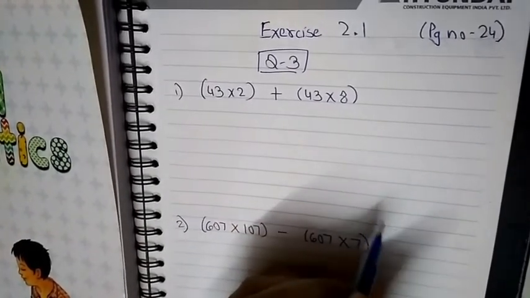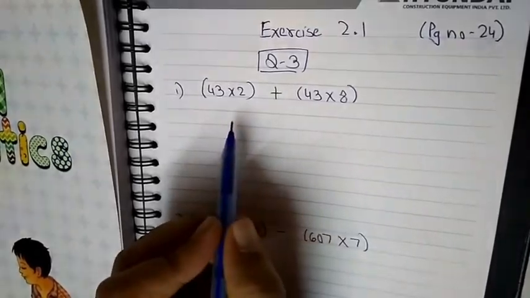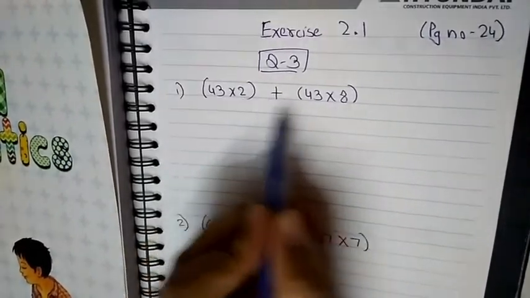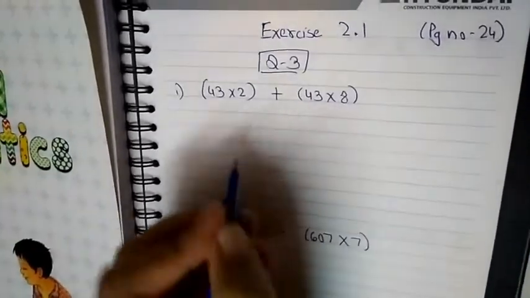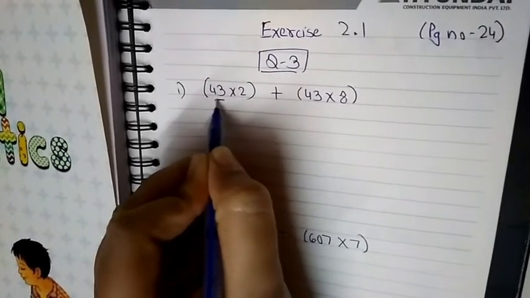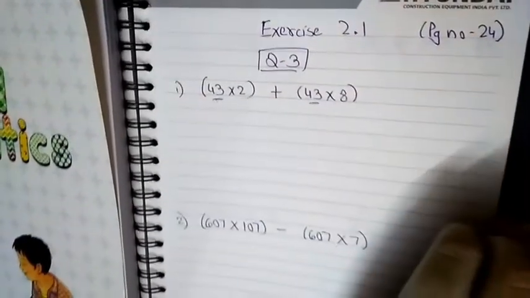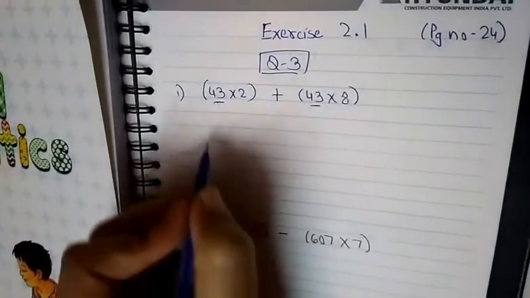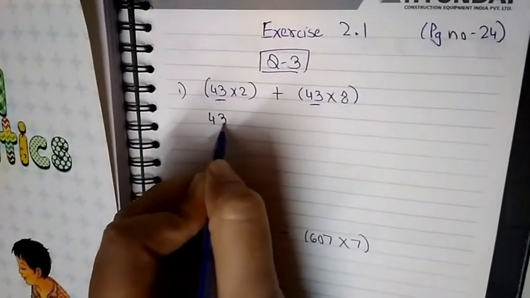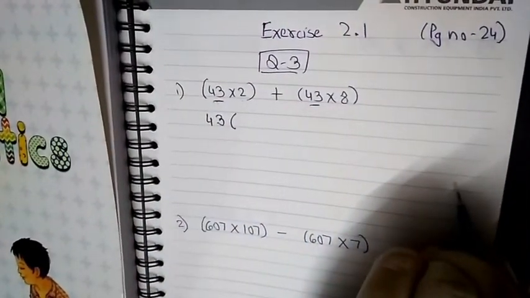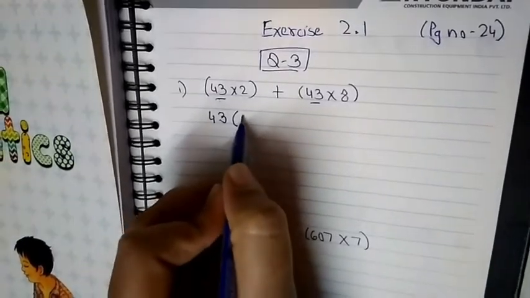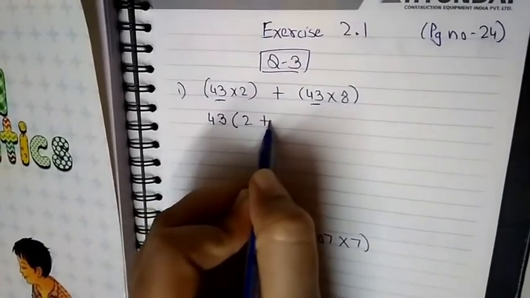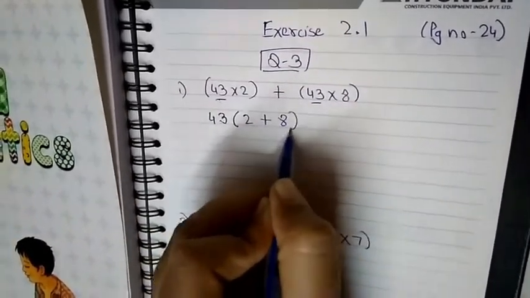Now in the distributive property, as we know, here 43 is distributed to both. Here if you see, 43 is common in both the numbers. So what you will do? You will take out this 43 as common. Now what will remain? Here 2 plus 8.